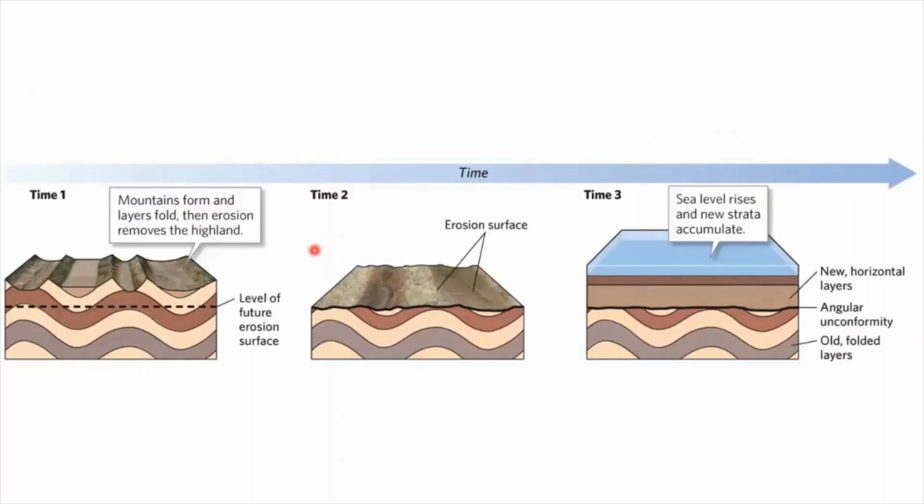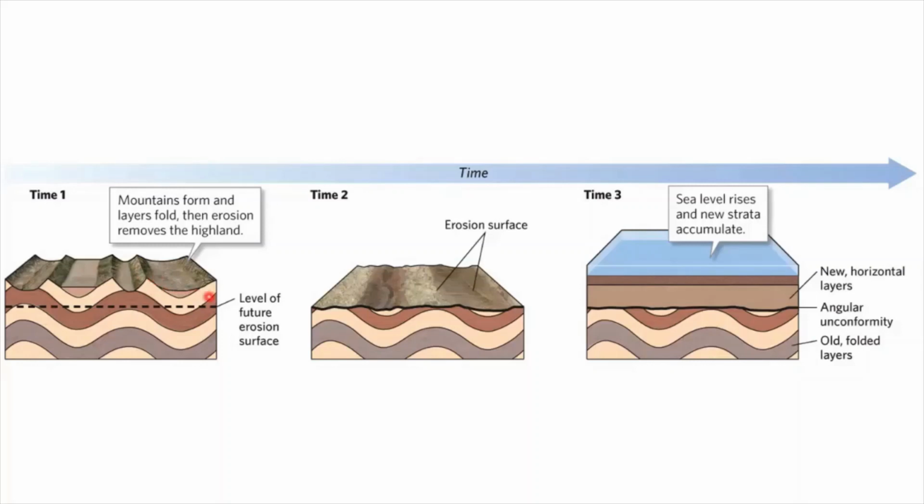How an unconformity forms is basically you have your sedimentary layers. They are laid down horizontally, and then there's some type of tectonic activity that causes folding to occur. And as that folding occurs, you get very tilted or folded layers. Now, whenever you have tectonic activity, often this produces high points, and as those high points occur, you get mass wasting, erosion, weathering, and that moves a lot of sediment downslope.